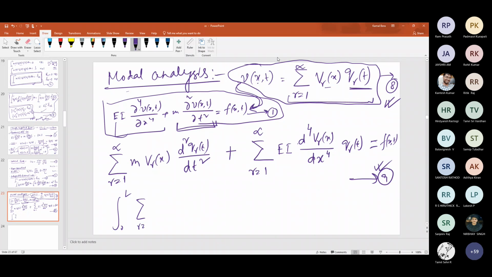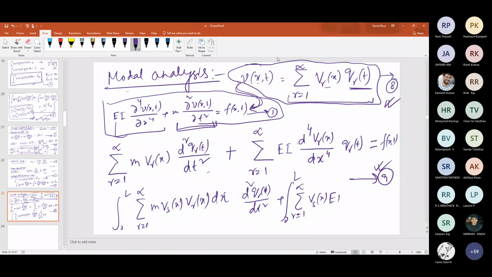So it will be summation of r equal to 1 to infinity m Vs(x) Vr(x) dx, this is time dependent so the domain integration will not come, d2 qr(t) by dt2, plus integral of 0 to L summation of r equal to 1 to infinity EI Vs(x) d4 Vr(x) by dx4 dx times qr(t) equals to Vs(x) f(x,t).